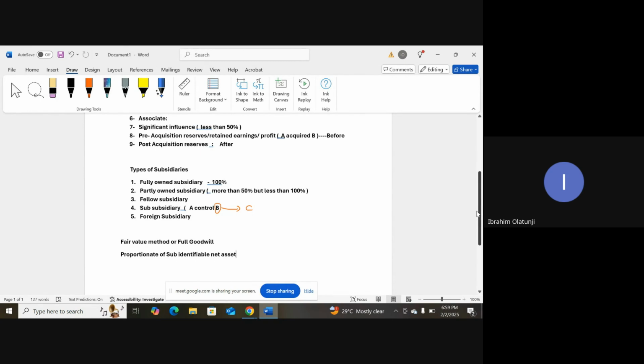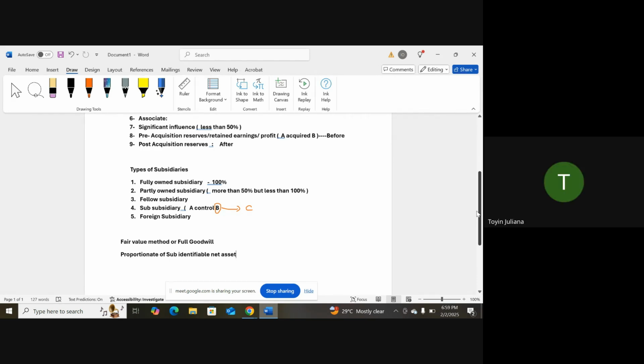provided the following conditions are available. Then we can say we need to go ahead with fair value. So what is the condition we want to talk about? Number one condition, are we on the same page?